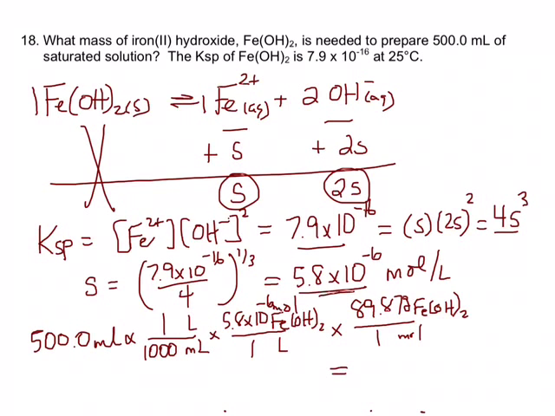So now, picking up a calculator and evaluating this, we get 2.6 times 10 to the minus 4 grams of iron hydroxide. And that's how much iron hydroxide can dissolve in the 500 mL of water using the solubility and the molar mass of the iron hydroxide.